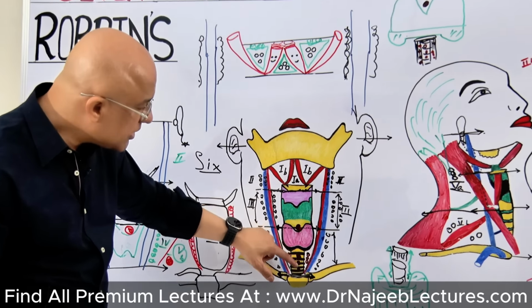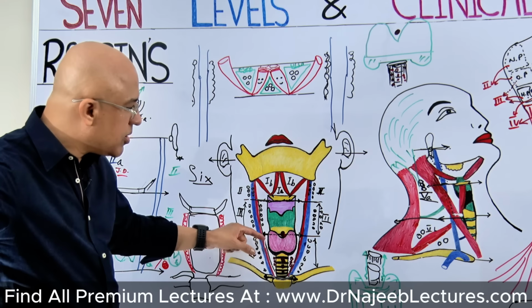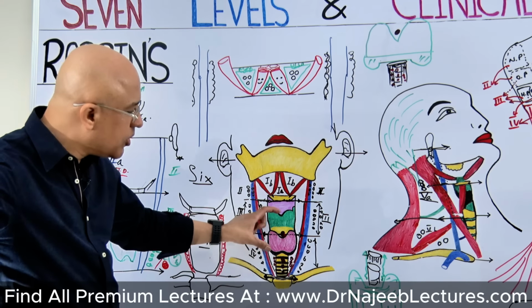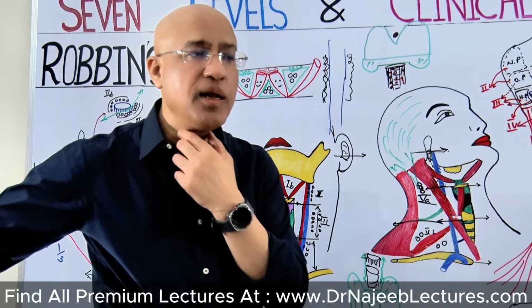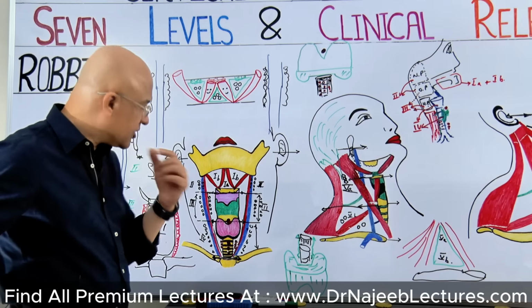This whole group of lymph nodes, prelaryngeal, pretracheal, paratracheal and perithyroidal, is called the central cervical lymph nodes, and they are included in level 6.